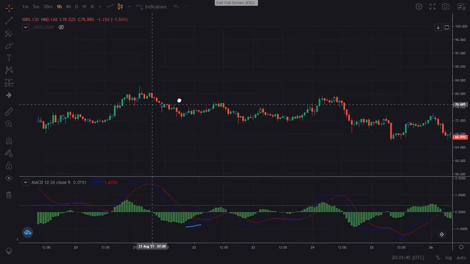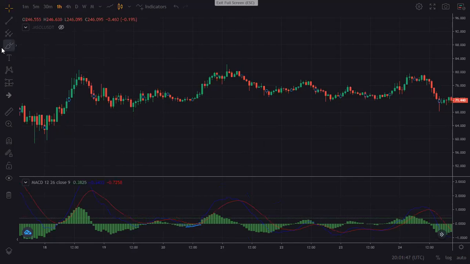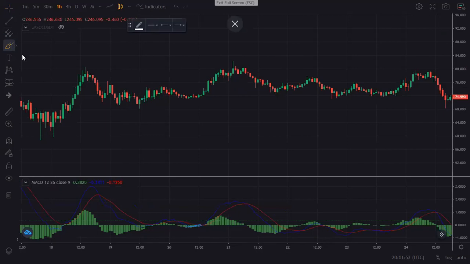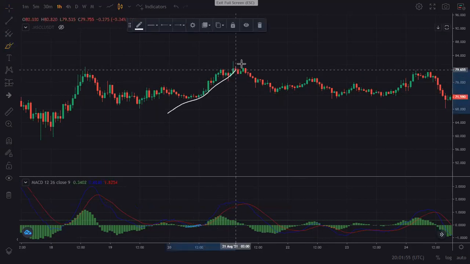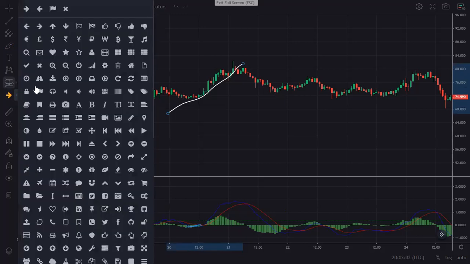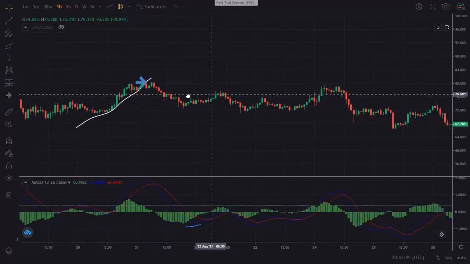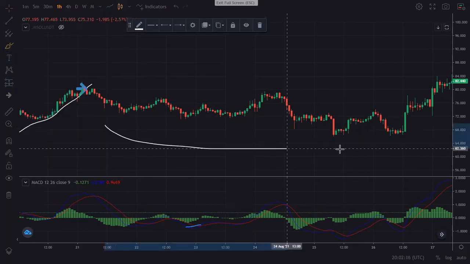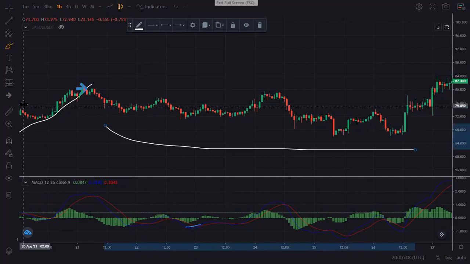Okay, once you see these markets that have gone up, and you feel like these markets have gone up enough and you want to enter this market, you see a ranging market like this, what you do is, remember what I told you, you follow the previous high, not that one.